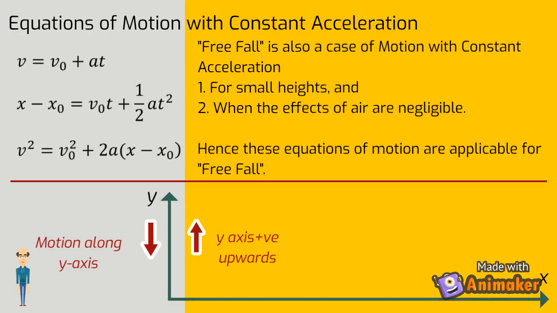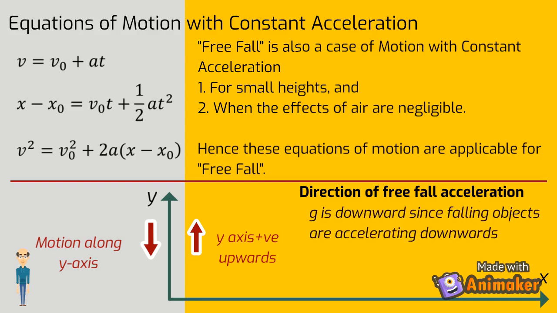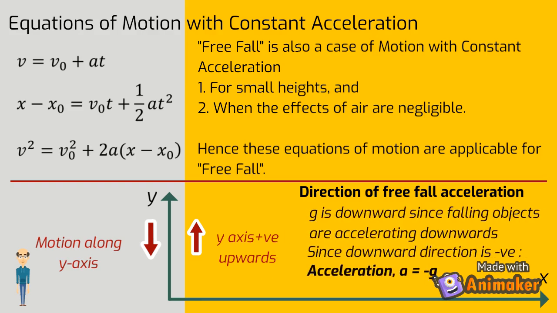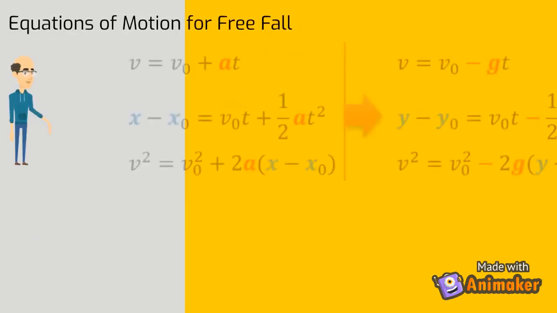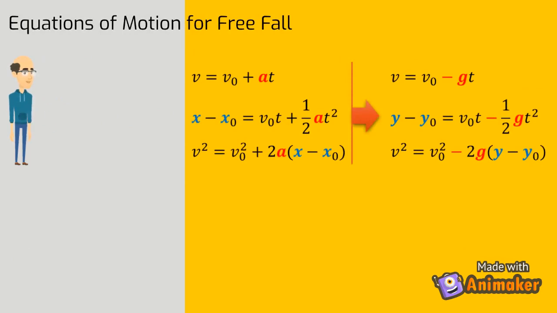That's how we define the y-axis in the rectangular coordinate system, and it is a more convenient choice of axis since the motion is vertical. The free fall acceleration is negative, that is, downward on the y-axis, as things fall down with increasing speed towards the Earth's surface. And so it has the value minus g in the equations. So, in the equations of motion, we can replace x with y and a with minus g.